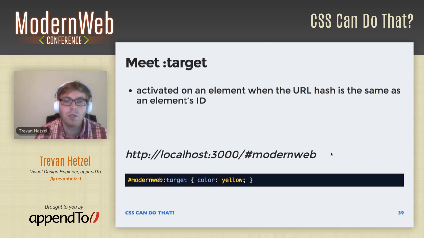In this case, we could change the color to yellow. And if you were to delete that hash, modern web, from the URL, then the target pseudo class would no longer be active, and it would be back to whatever color it was by default. So that's the base of target. We're going to push this to its limits and do some really cool things with it.